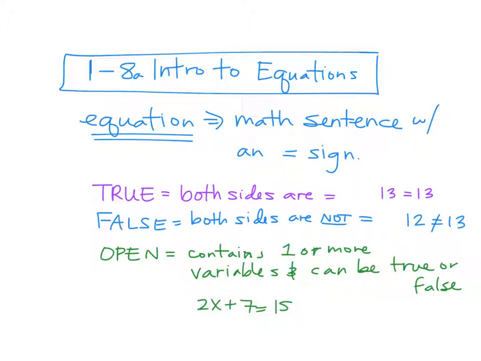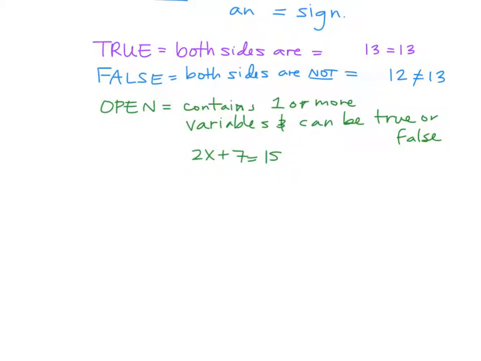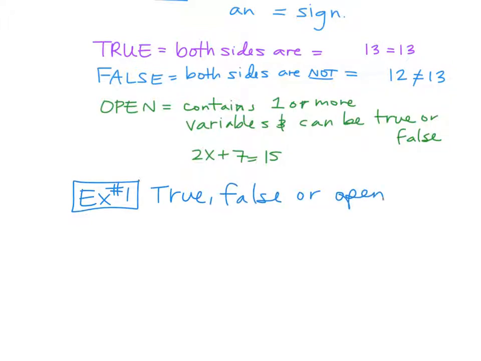Okay, so I'm going to give you just a list of equations, and you tell me, is it true, false, or open? Okay, true, false, or open. So here's our first one.